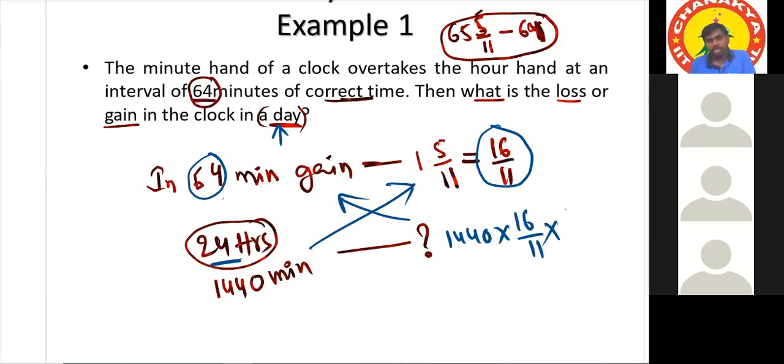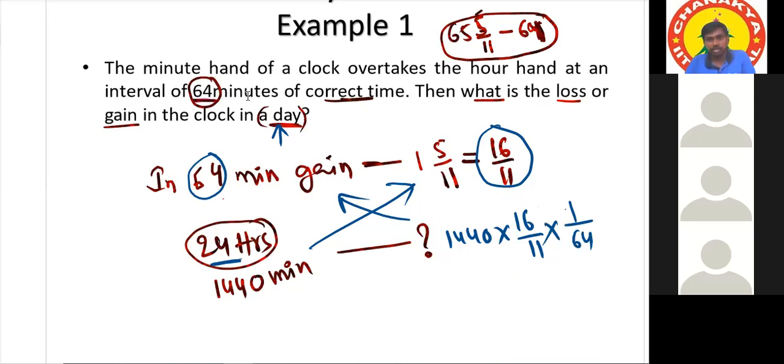So can I write the total number divided by 64? Can I write it as 1 by 64? Instead of writing this total number divided by 64, can I write it as 1 by 64? Sir, your presentation is blank for me.